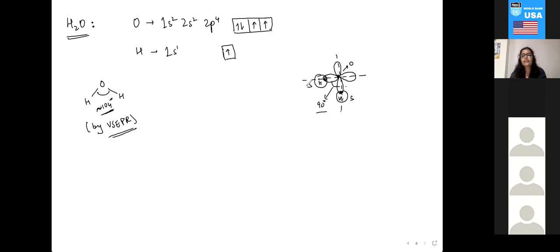Why is that not happening with VBT, whatever sigma pi overlaps that we talked about? So what happens? So this model is wrong. This is not how bonding happens in water.